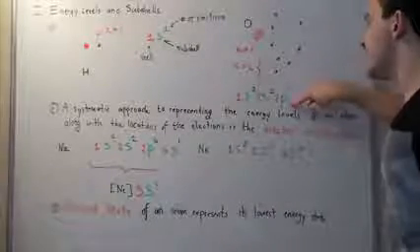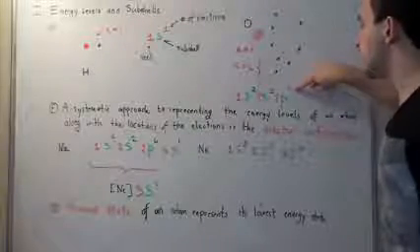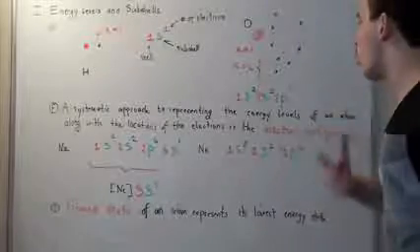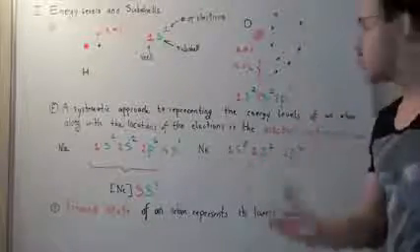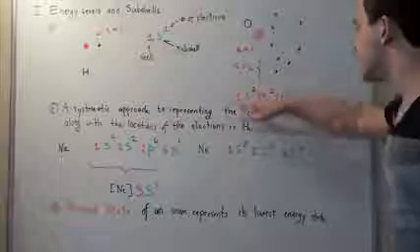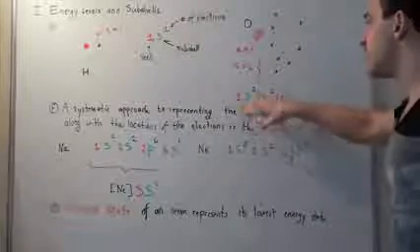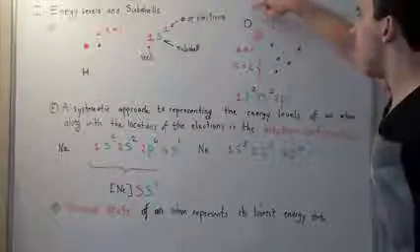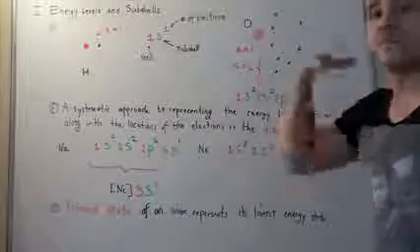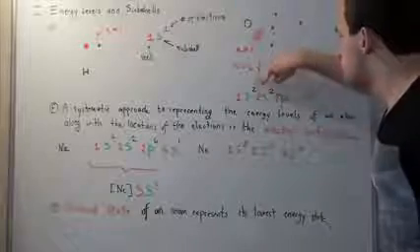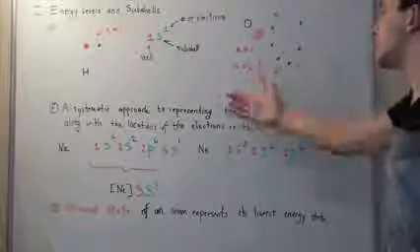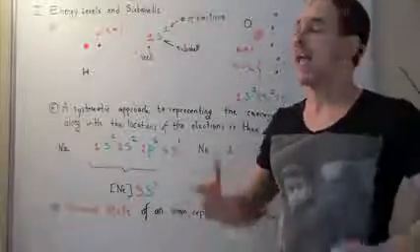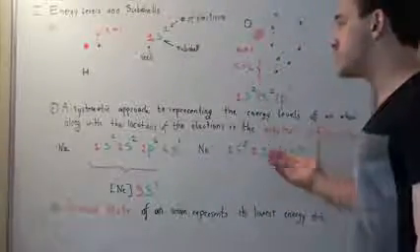Because if this was a single orbital, the 4 would not make sense, because you could only place a maximum of 2 electrons into any orbital according to the Pauli exclusion principle. So that's the electron configuration: 1s2, 2s2, 2p4. Since oxygen has 8 electrons, that means 2 plus 2 plus 4, 8 electrons, so this makes sense. So every atom on the table, every element, has its own electron configuration.